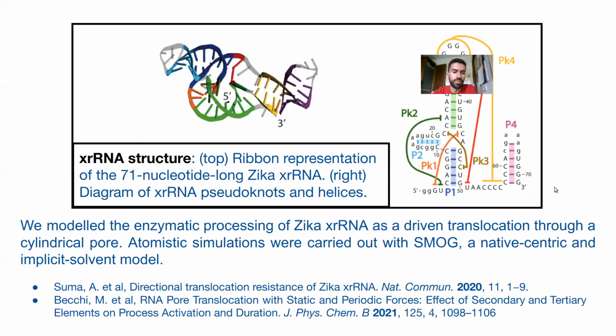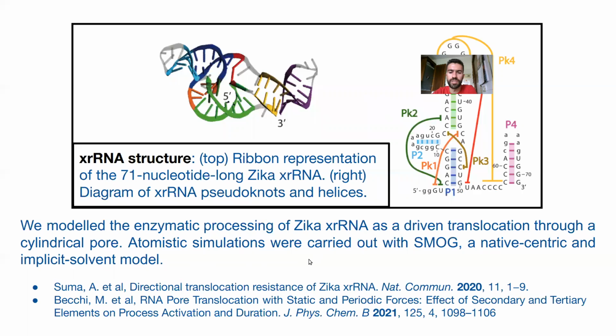So what we did, we modeled the enzymatic processing of the RNAs as a translocation through a cylindrical pore. Here you can see the three-dimensional representation of the RNA molecule, which is 71 nucleotides long. And on the right, you can see the secondary structure, the helices and the pseudoknots of the RNA.